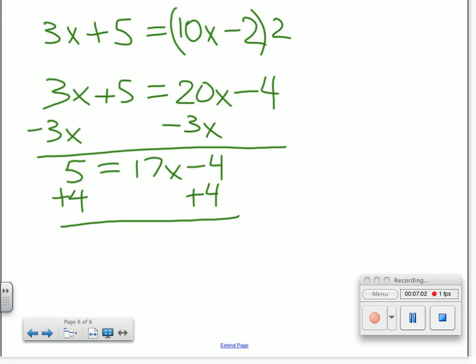I end up with 9 is equal to 17x. So I'm going to divide both sides by 17. I'm left with x is equal to 9 divided by 17. And that's my final answer.